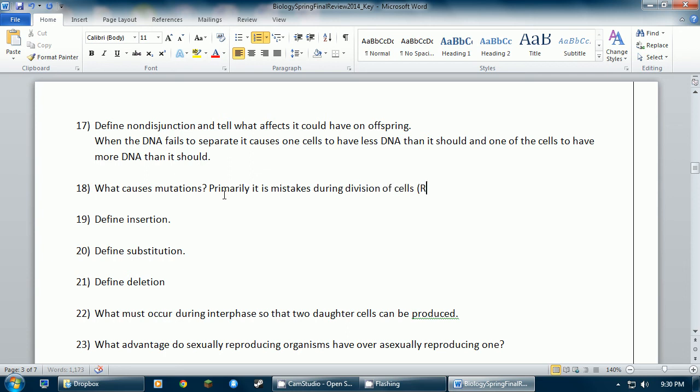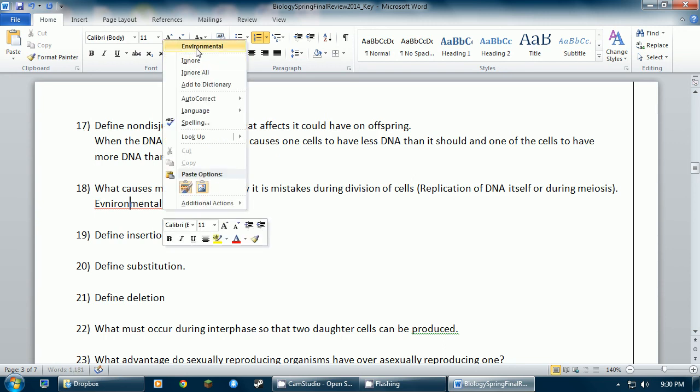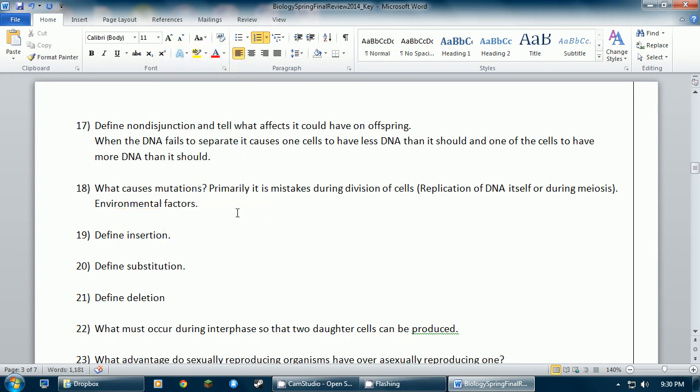That could be the replication of the DNA itself, or during meiosis. The other big thing is environmental factors. Most chemical factors really don't directly mess with your DNA. Most chemical factors mess with one of those two processes, replication of the DNA or meiosis, and they cause them to mess up.